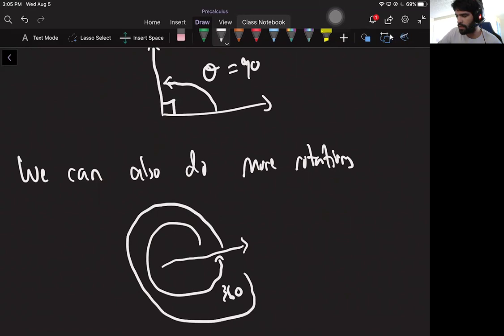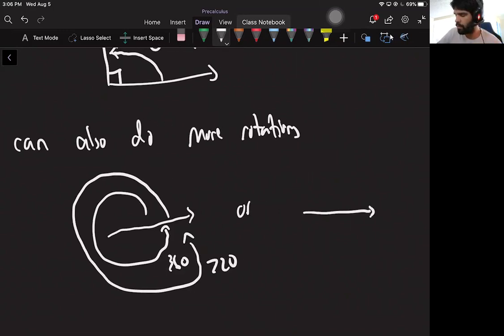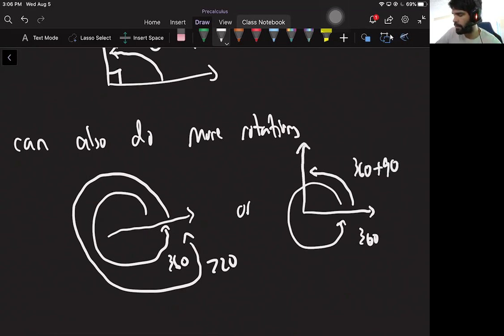I can go around a second time, and that would be 720, because I do 360 twice. Or we can do something like this: go around once, that would be 360, and then don't go around all the way again, maybe just go up to here. So that would be 360 plus 90.